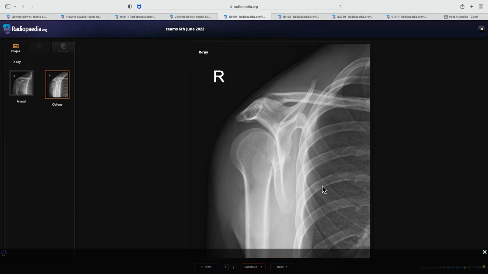Okay. So what are the causes of posterior shoulder dislocation? Usually, posterior shoulder dislocation is associated with a strong trauma, maybe in convulsions or maybe in electric shock. Okay. Can you tell me about some signs of posterior shoulder dislocation? Yes, light bulb sign and trough sign.